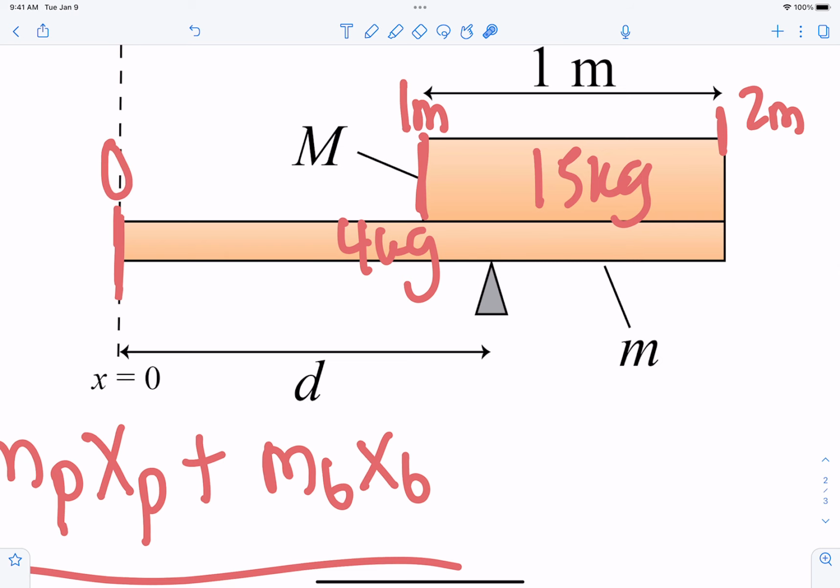So, when do you think the system wouldn't rotate? When would it not rotate? Any ideas?